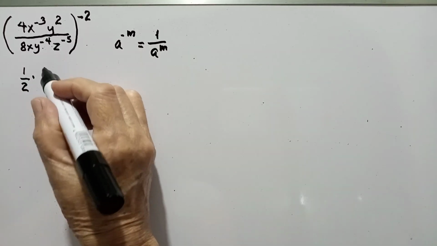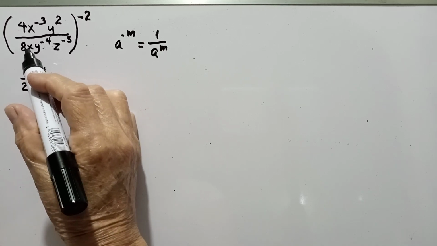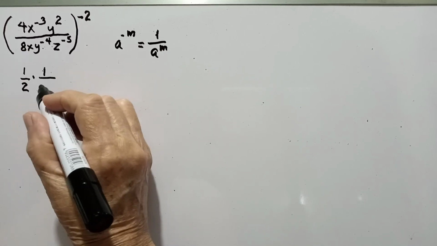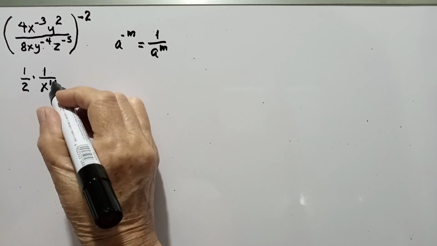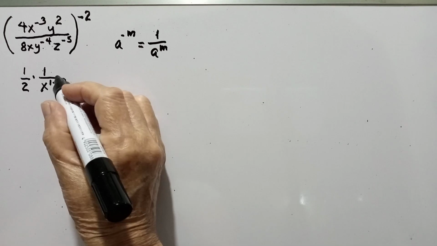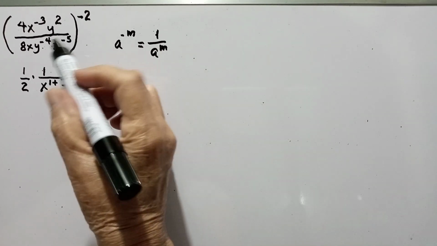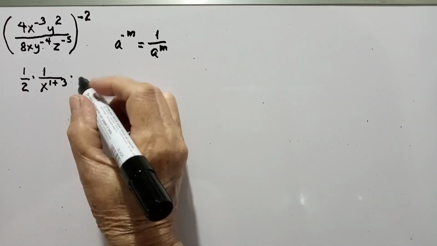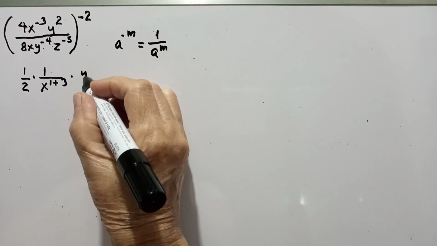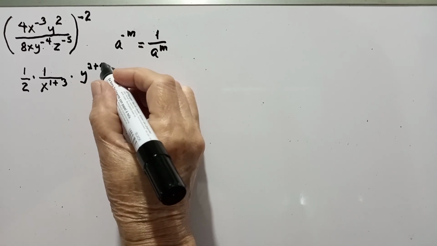You have 1 over x, which is supposed to have an exponent of 1, so we have x to the 1 plus 3. And then times, we have y to the negative 4, so we'll bring this up. So we have now y to the 2 plus 4.